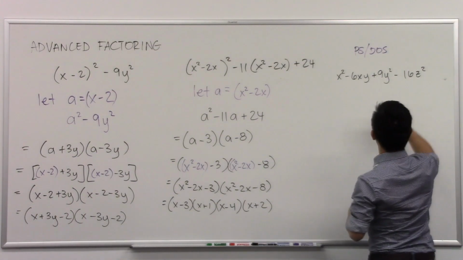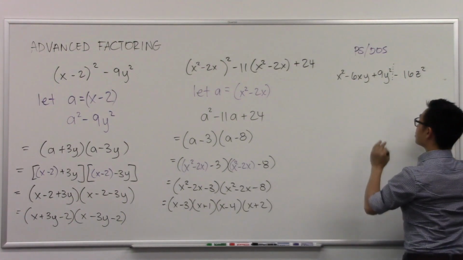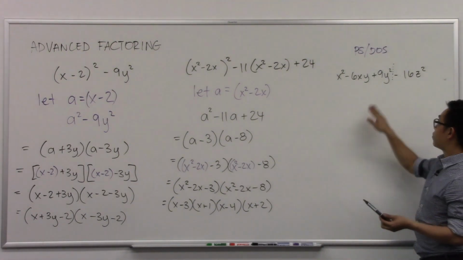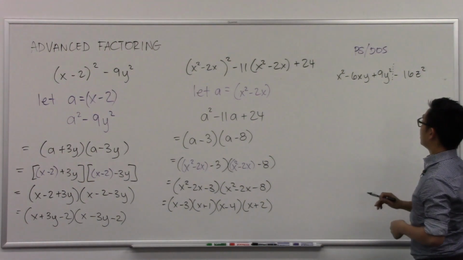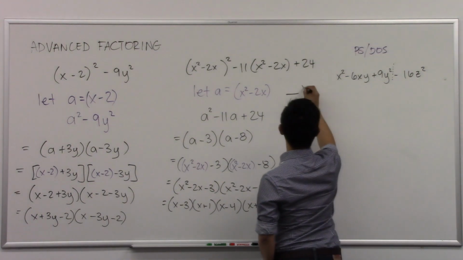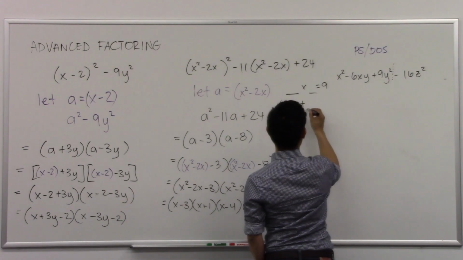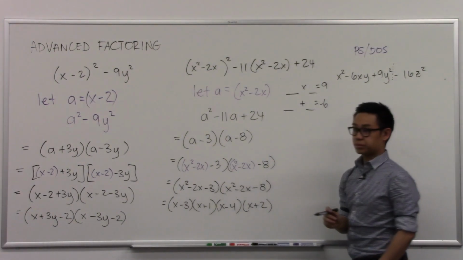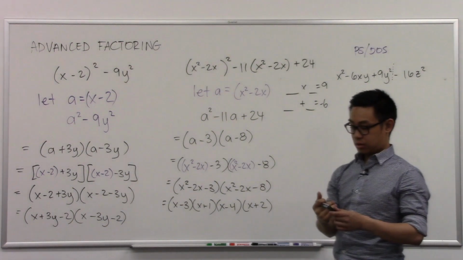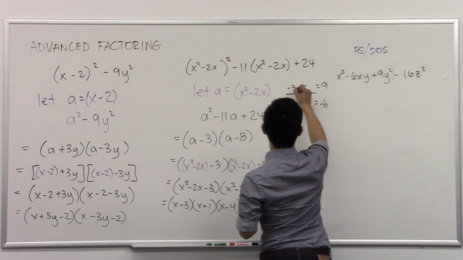What you do is you factor the first 3 terms, or rearrange them so that you have a factorable trinomial. This is a factorable trinomial. It's an easy trinomial in which you can find two numbers that multiply to 9 and add to -6. What two numbers multiply to 9 and add to -6? Yeah, -3 and -3. Very good.